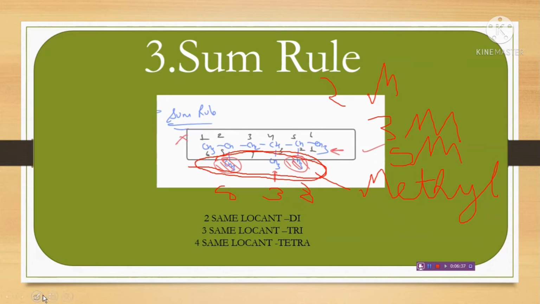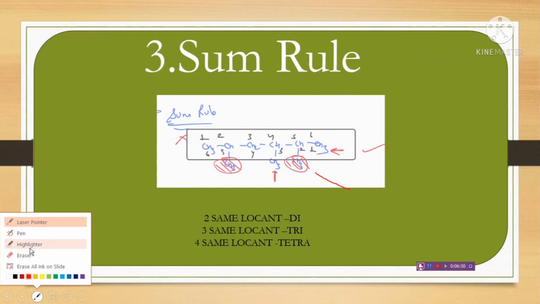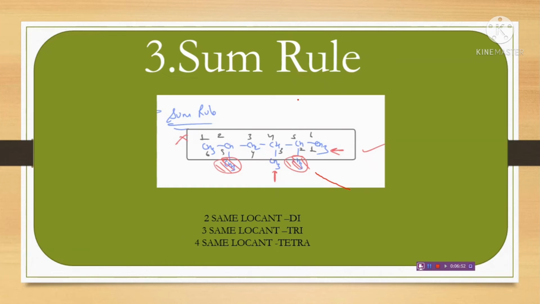No, we are not going to do it like that. What we are going to do is write the locant numbers in series using commas: 2, 3, 5. So in this it is methyl, so we are going to write methyl.